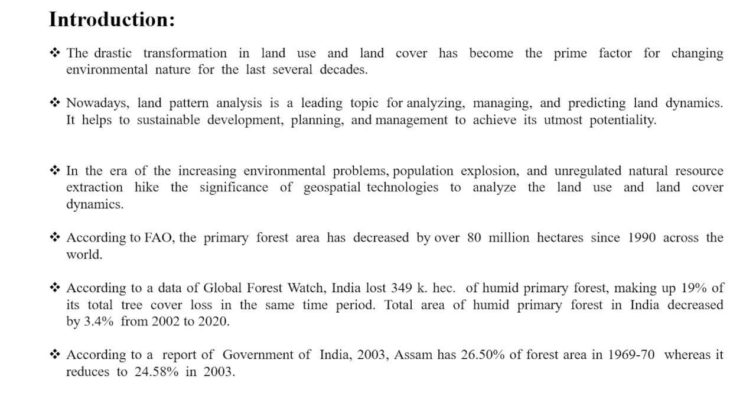In 1969 to 1970, Assam had 26.50% of forest cover, but by 2003, this had reduced to 24.58%. This reduction reflects the broader trends of forest loss and degradation, which has implications for biodiversity, climate regulation, and livelihood of the local communities.